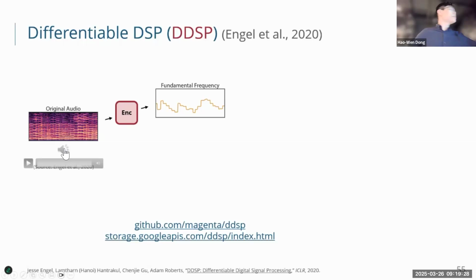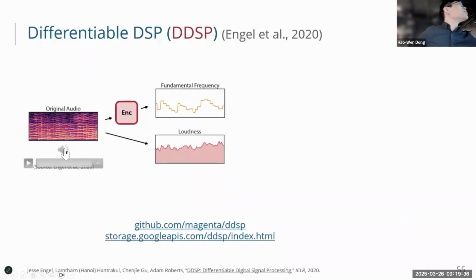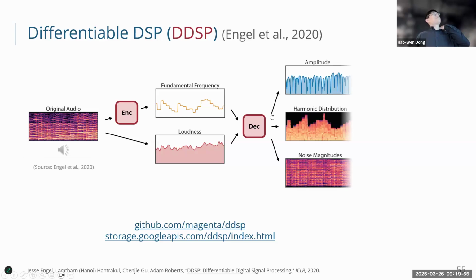Let's listen to it again. So you have the F0, that's the pitch you listen to, and the loudness is just how loud it is over time. So you have both of these as the input for the decoder.